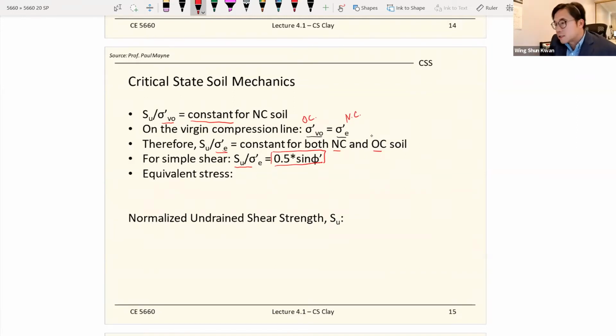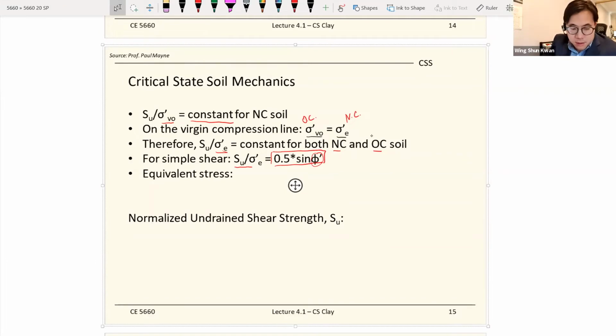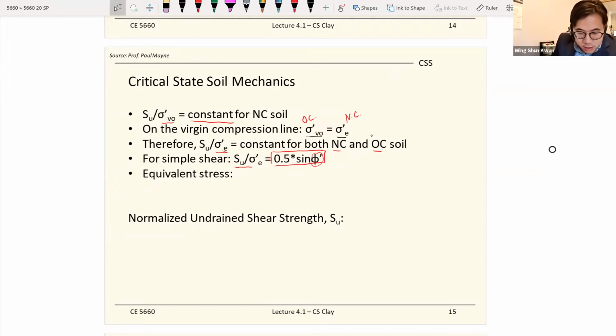So it's powerful in the sense that if we can find the friction angle, then very likely we can correlate that with the undrained shear strength. And one more time, as we have proven in the previous slide, the equivalent stress is equal to the vertical stress times OCR to the power of 1 minus the ratio of the recompression index and compression index.